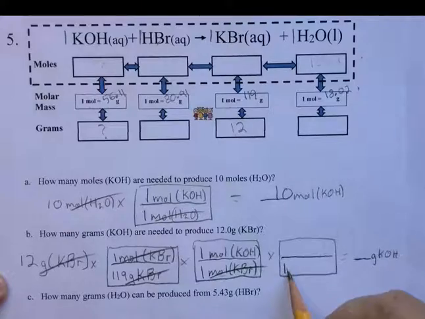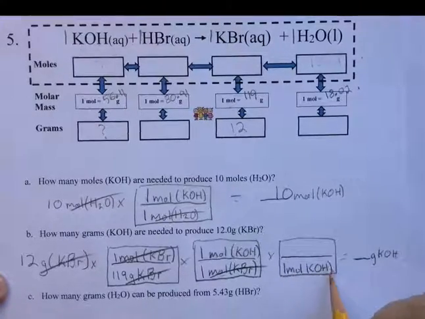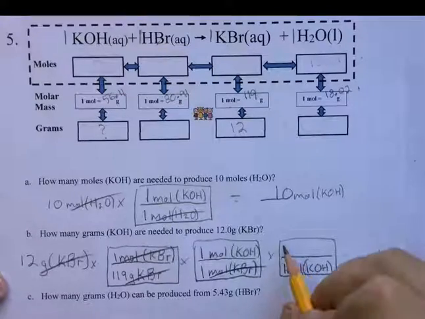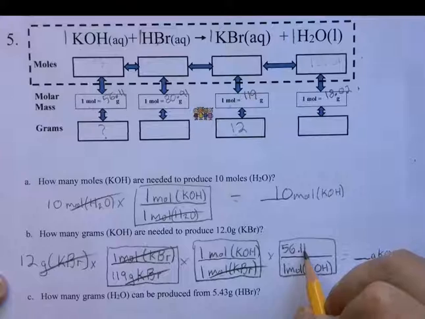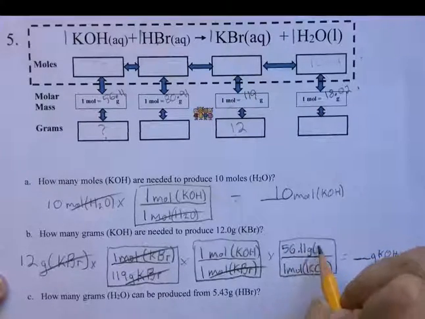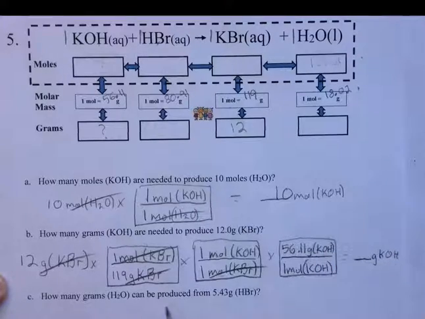So that's a molar mass, so it's 1 mole, and up on top is the mass. And so moles of KOH cancels, and grams of KOH is the last man standing.